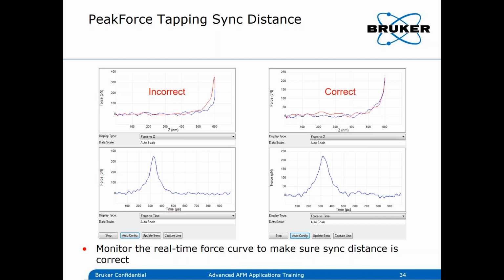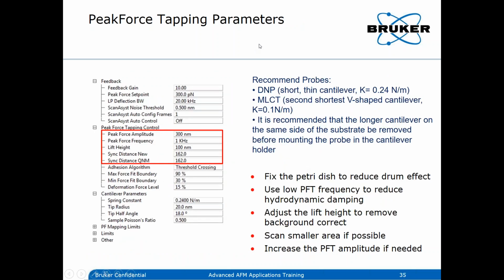For that, you have to press this auto config button a couple of times, so that the blue and the red at least are superimposed where the feedback starts. This means the sync distance is technically a time for the cycling of the force curves. The timing is then correct, and then your image quality will increase a lot.